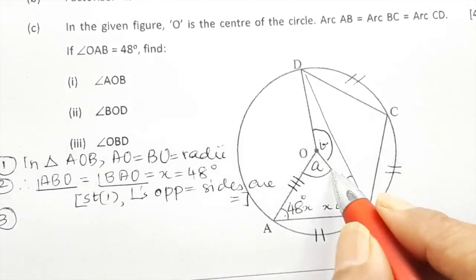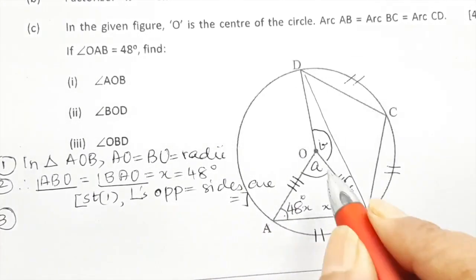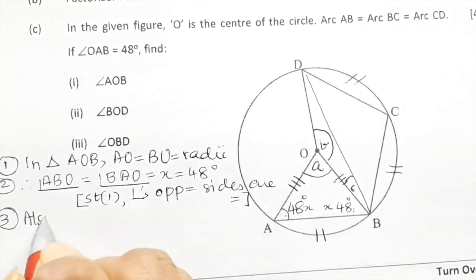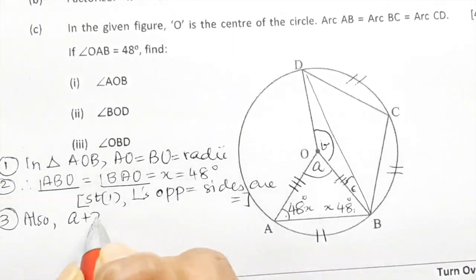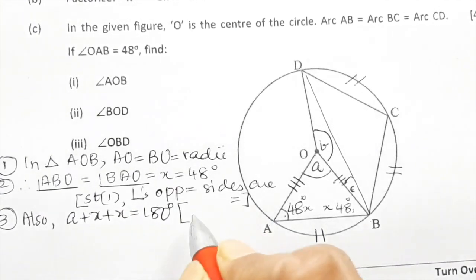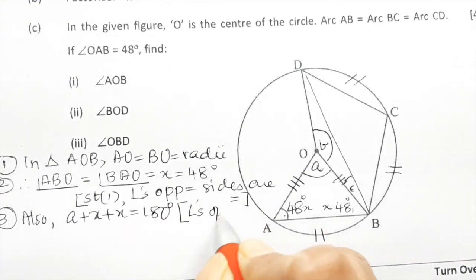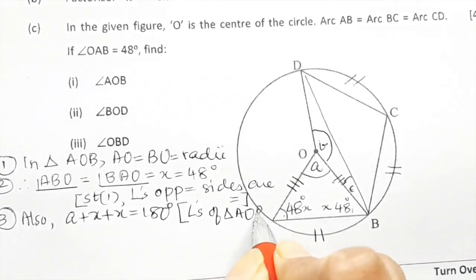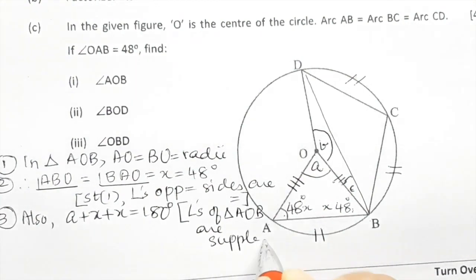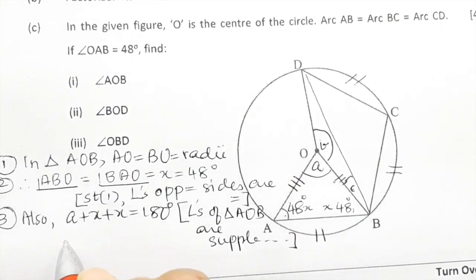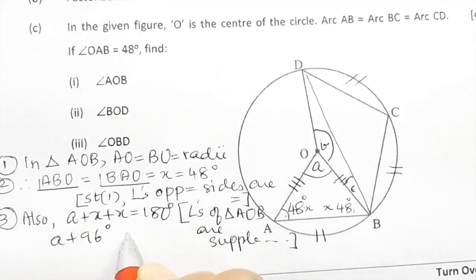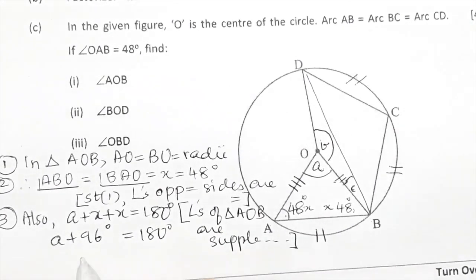Now in this triangle, we'll have 48 plus 48 plus A equal to 180 degrees. So we will say also A plus X equal to 180 degrees. And that is because angles of triangle AOB are supplementary. Okay, so A plus 48 means 96 degrees is equal to 180 degrees.